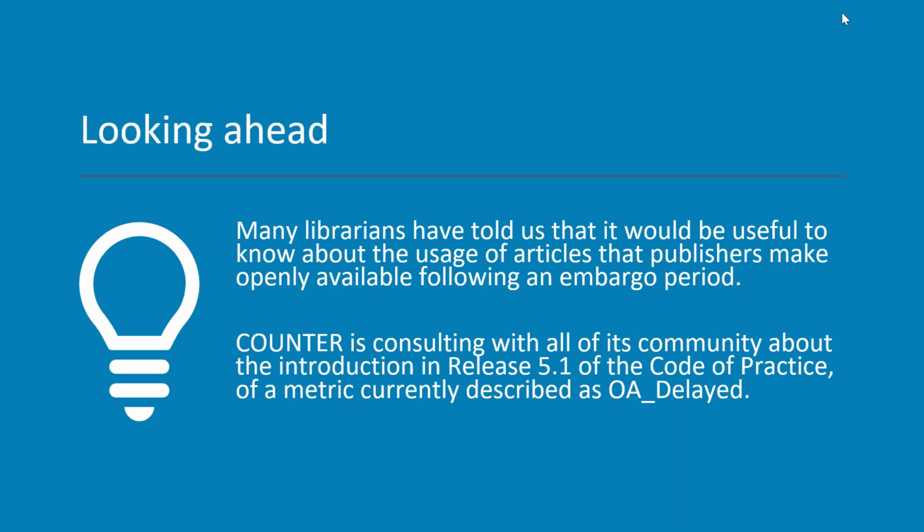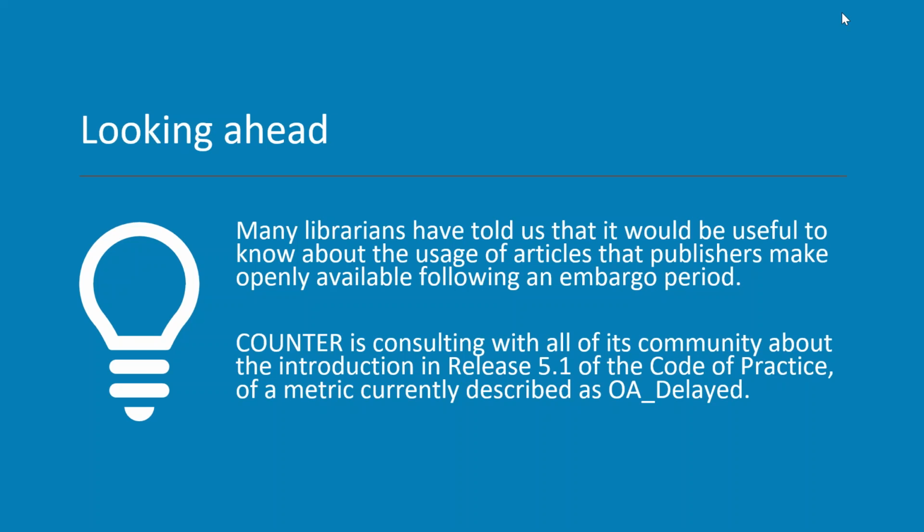I wouldn't necessarily call that type of content open access, because very often an open license isn't attached. But nonetheless, it is an important piece of information that librarians will want when they're evaluating content and its usage.